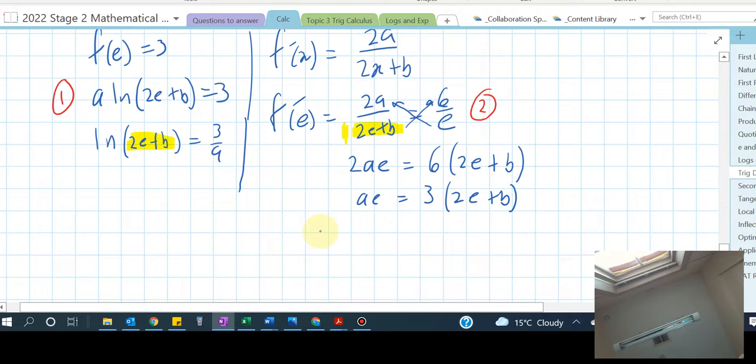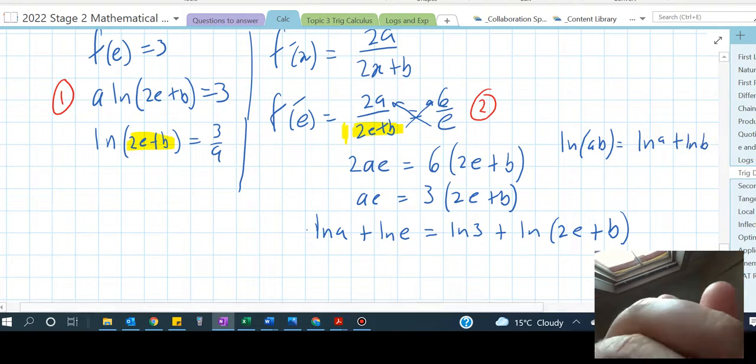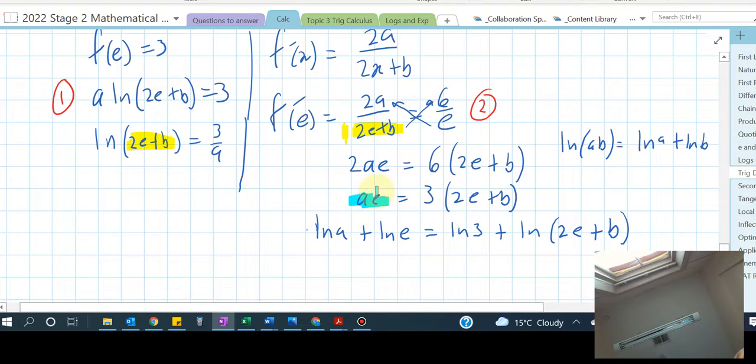But if I take the natural log of both sides, I can call this ln A plus ln e equals ln 3 plus ln(2e + B). The reason I'm able to do this, remember, is ln(AB) equals ln A plus ln B. And what's happening here is there's a multiplying there, so that's my AB, splitting it here. Or A and B, A and B.